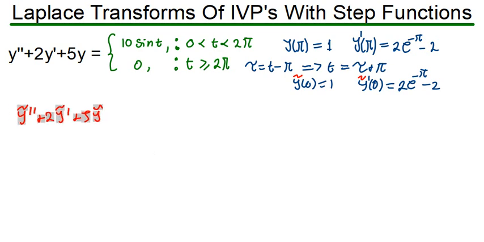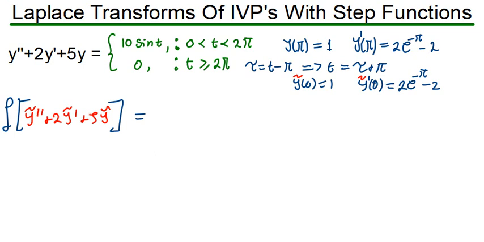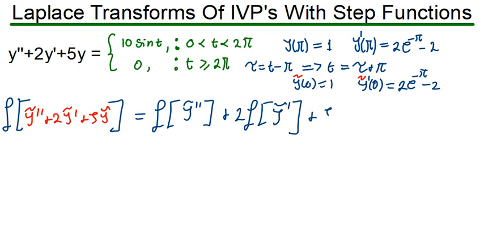So how is this going to be? This is just the Laplace transform of everything here. It's the Laplace transform of y tilde prime prime, plus 2 times the Laplace transform of y tilde prime, plus 5 multiplied by the Laplace transform of just y tilde, like that.